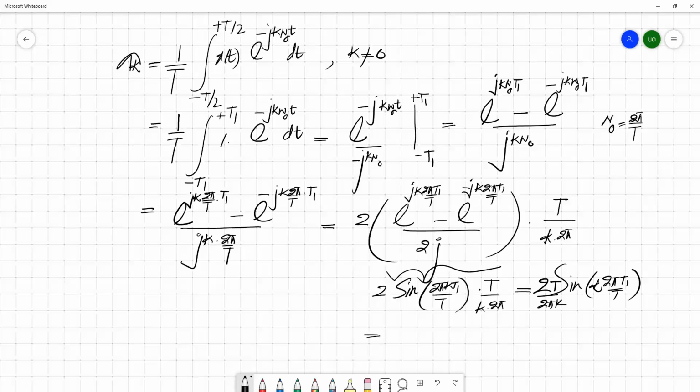If we further simplify, this is t over pi k sine 2 pi k t1 over t. So these are the a k values, for k not equal to 0.